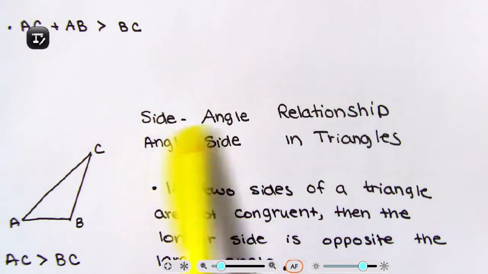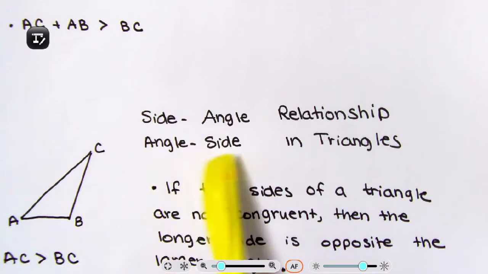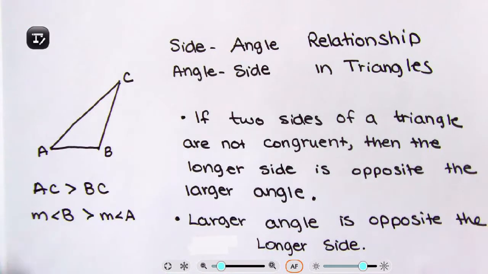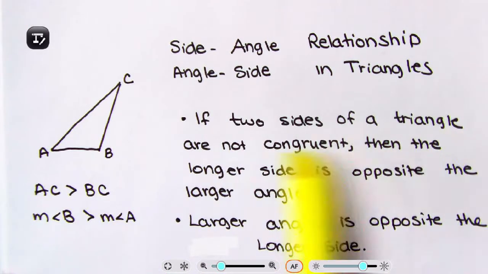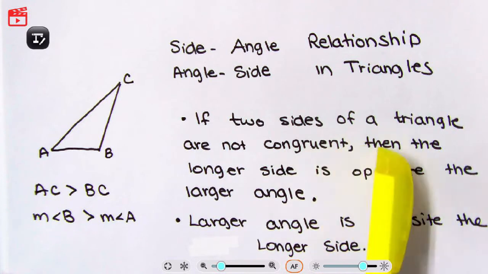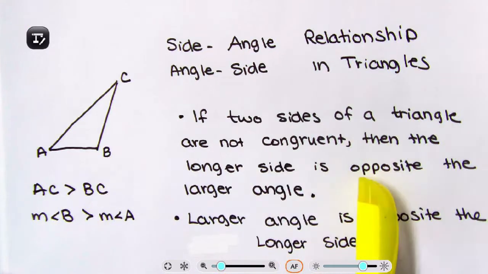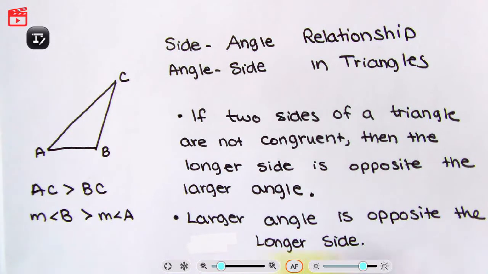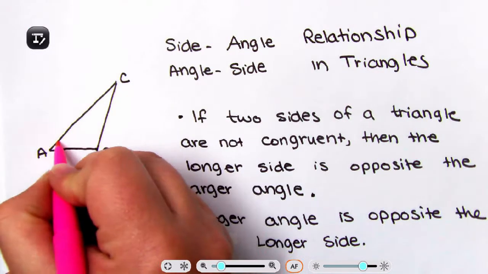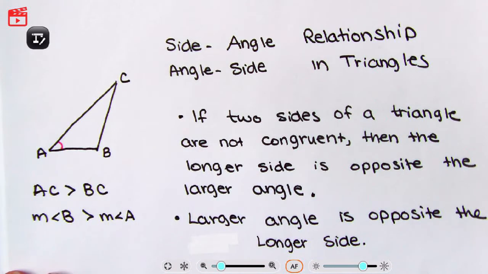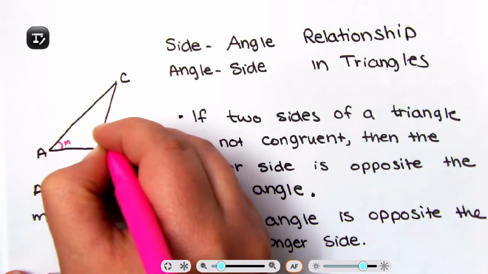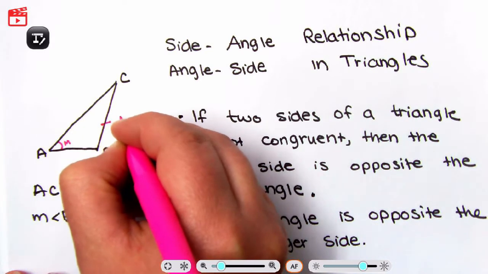We also have side-angle relationships and angle-side relationships in triangles. That means if two sides of a triangle are not congruent, then the longer side is opposite the larger angle, and the larger angle is opposite the longer side. If this angle is the medium angle, I'll do M for medium, then this side here is the medium side.